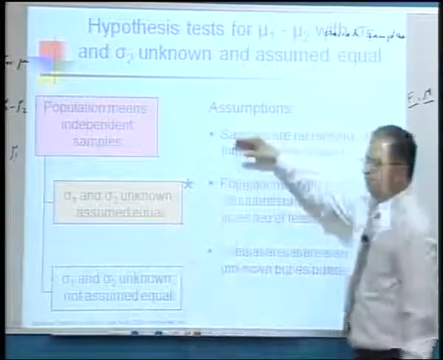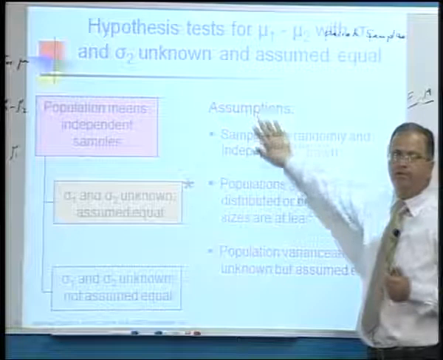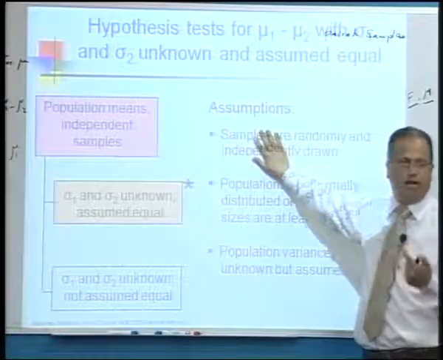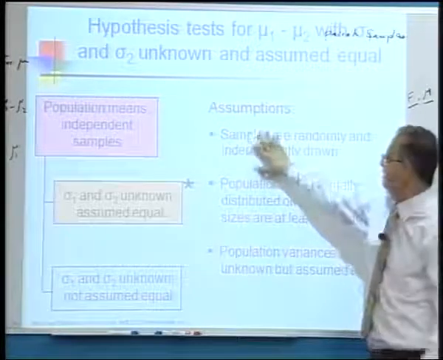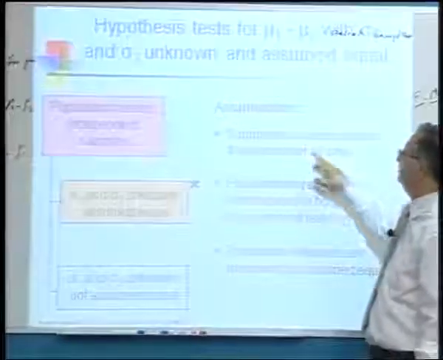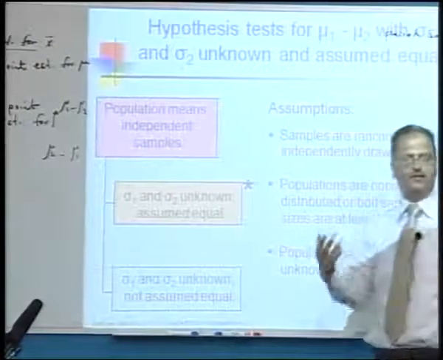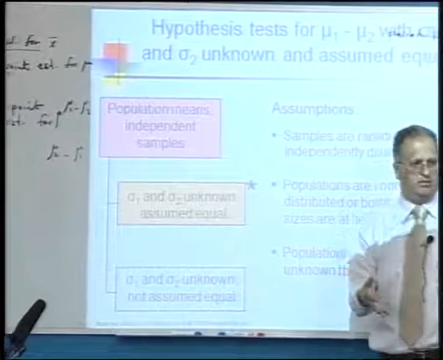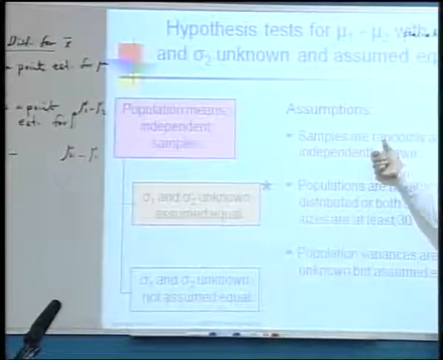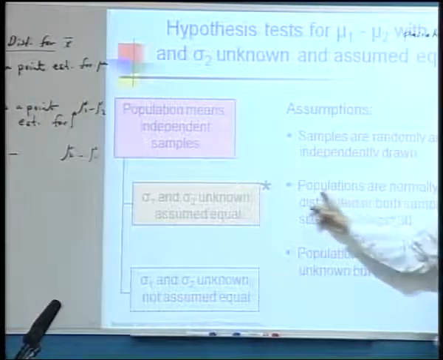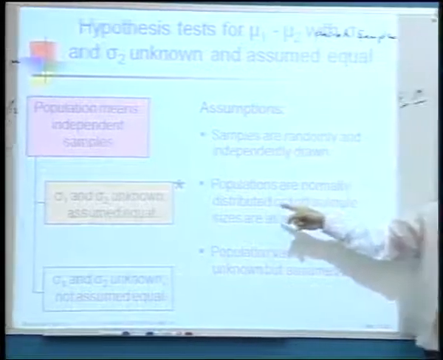The assumptions are, first, samples should be drawn randomly and independently. So we have to select random samples, and they are independent. That is assumption number 1. The second one: populations are normally distributed.